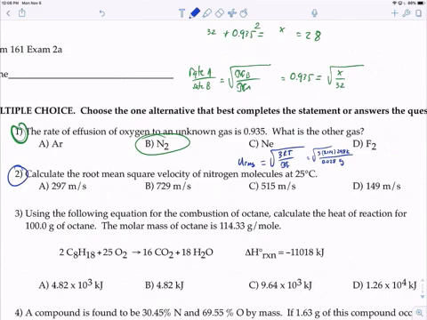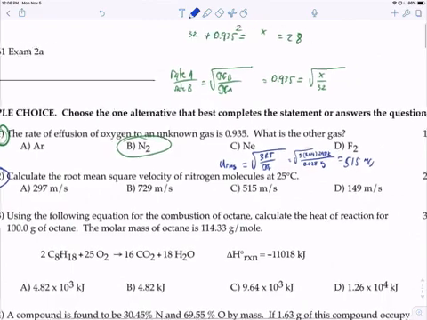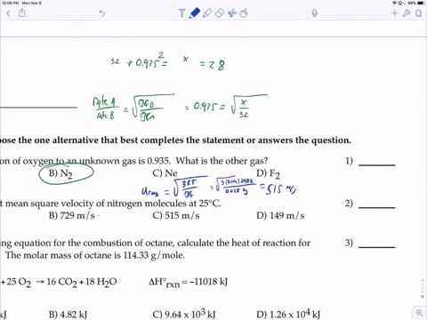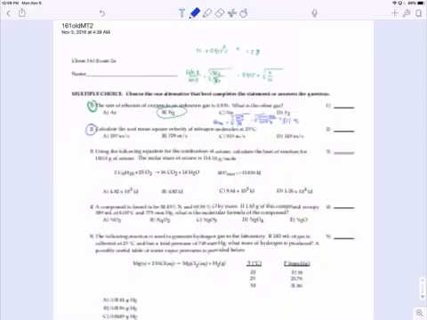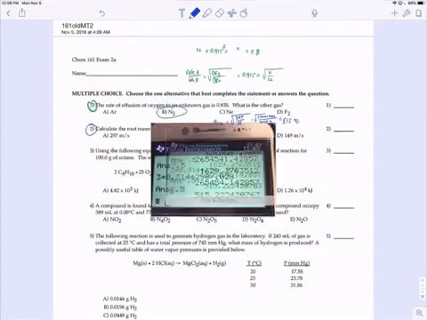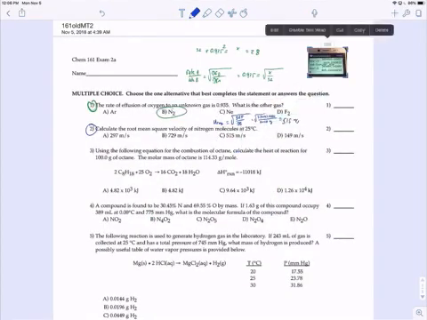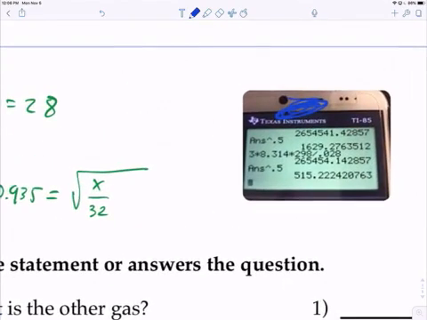There we go. 515. You guys wanted the calculator too, right? There's the calculator.